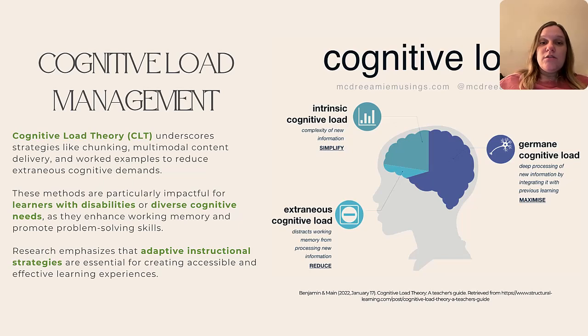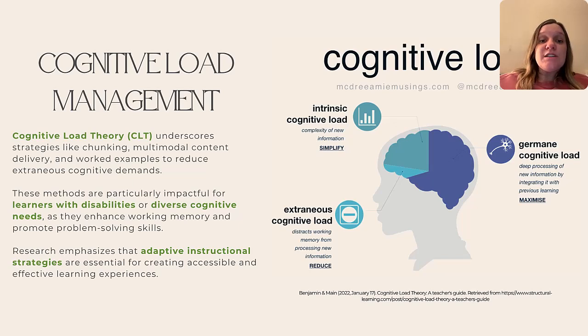The graphic on the right breaks down three different types of cognitive load: intrinsic cognitive load, extraneous cognitive load, and germane cognitive load. Some researchers will include germane cognitive load in with extraneous cognitive load, but the two are separate.